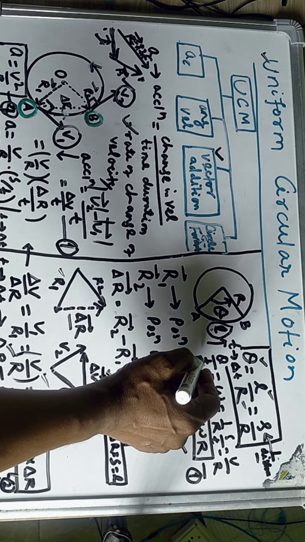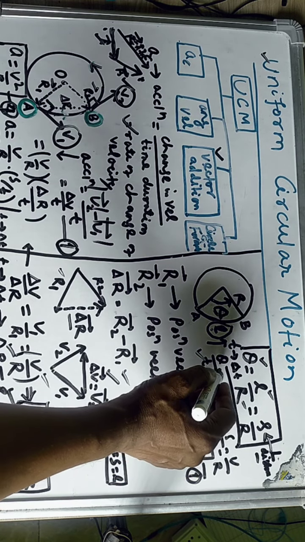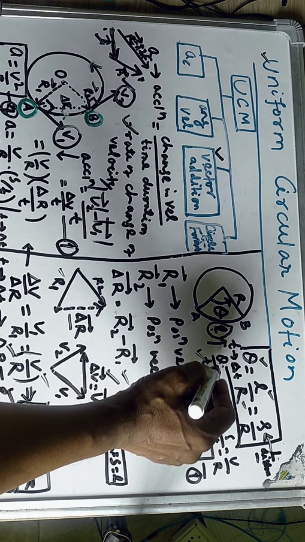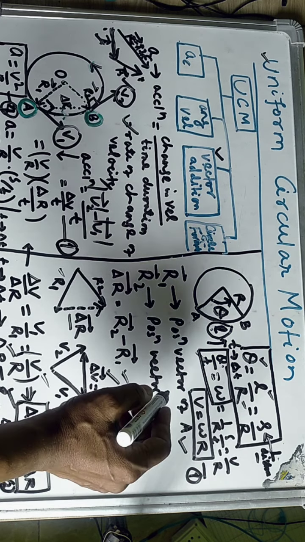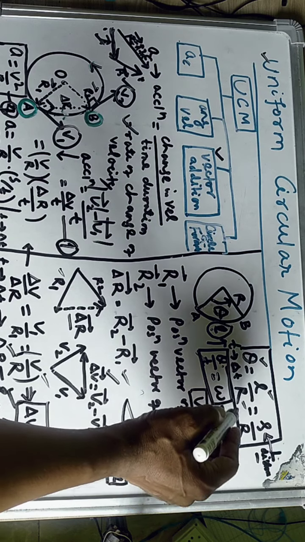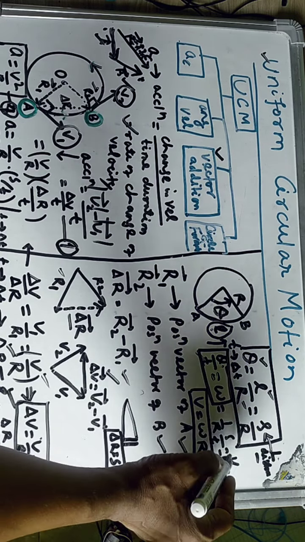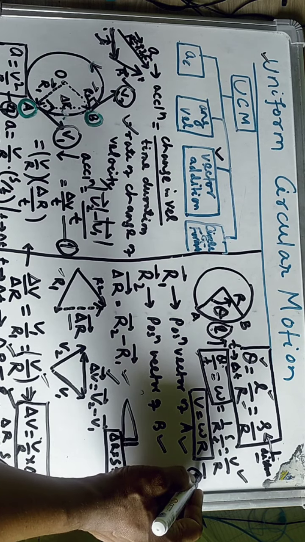Then theta became angular distance, and theta by t became angular speed. It's omega. Once we put the value of theta as S by r, then omega became S by rt, or S by t is v, so omega is equal to v by r, or v is equal to omega r. It is equation 5.